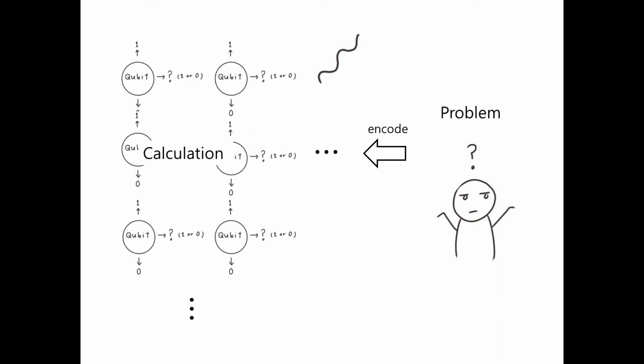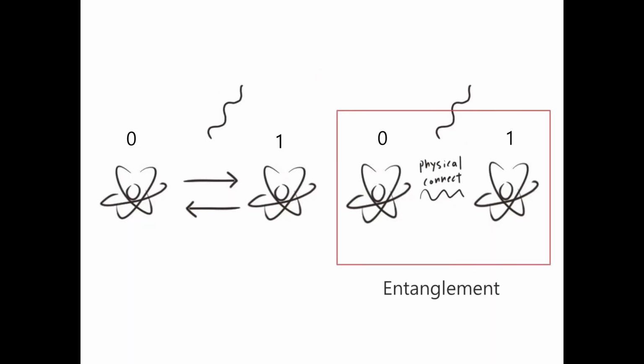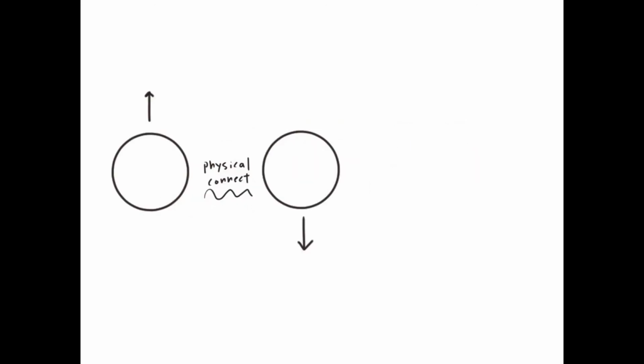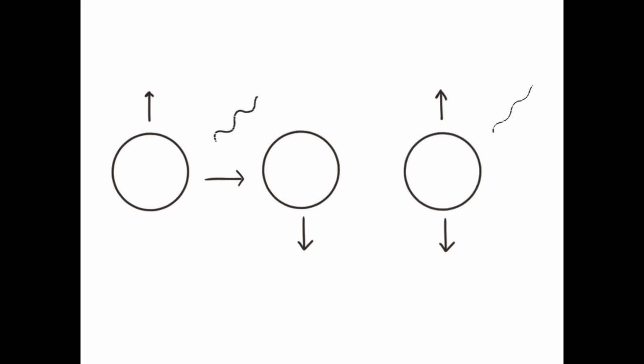We can do this by changing quantum states and making entanglement. Entanglement means if one system's state has been decided, then the physically entangled other system's states can be decided. For example, in the superconducting material qubit case, we can make entanglement and change quantum states, like making a superposition state or flipping their spin, by using microwave pulses.